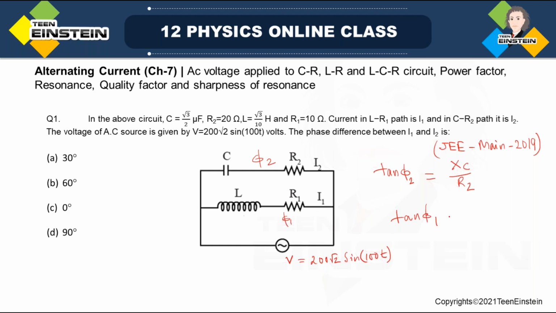So tan phi 1 can be written as XL by R1 with a minus sign. This is the formula. We can use this formula to find phi 1 and phi 2. Then if we take the difference, we'll get the phase difference.